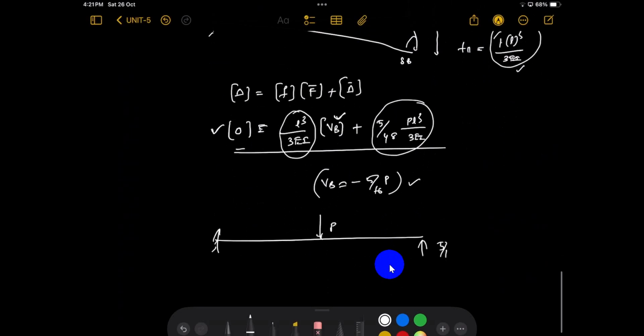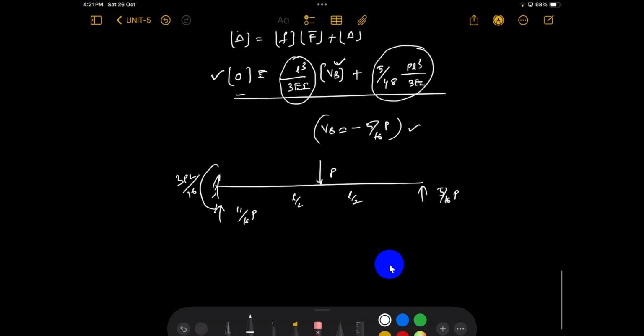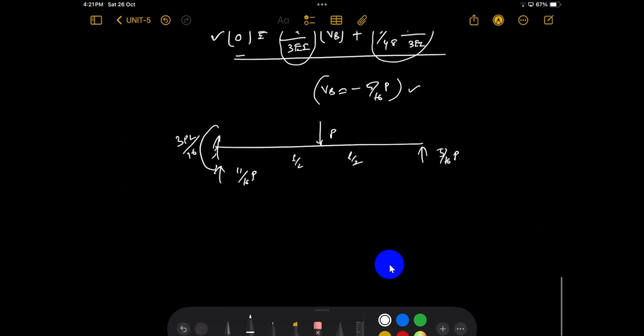In this direction you will get 5 by 16. So what is the remaining value? It's 11 by 16. So what is the moment? You will get 3 PL by 16. That's it.